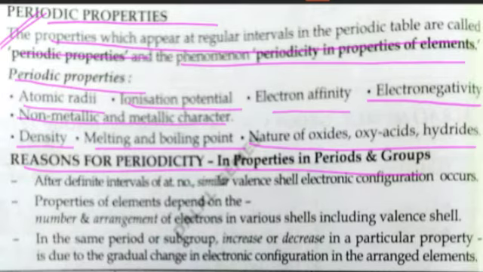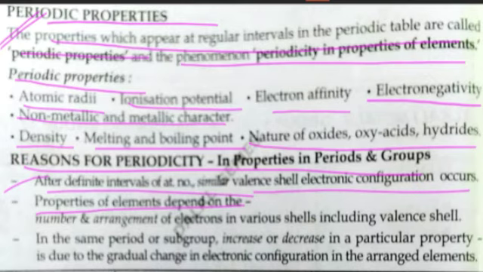Why? What is the reason? First, after definite intervals of atomic numbers, similar valence shell electronic configuration occurs. Properties of elements depend on the number and arrangement of electrons in various shells, including the valence shell.